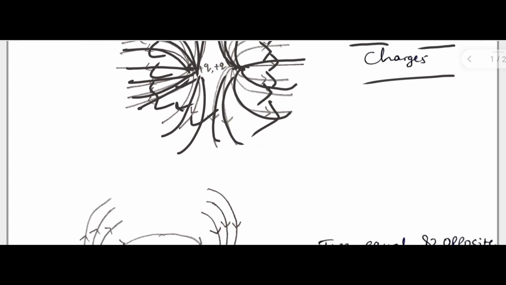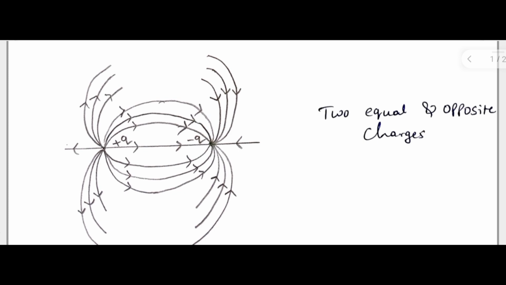Next, this is a charge combination of equal and opposite charges. Here the word equal means the plus q charge and the minus q charge have the same magnitude. For example, if plus q is 1 coulomb, the minus q charge is also 1 coulomb, but the sign is opposite.